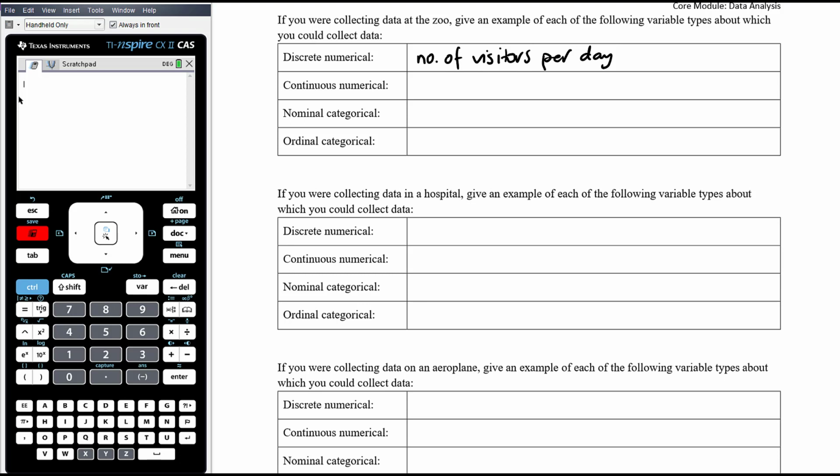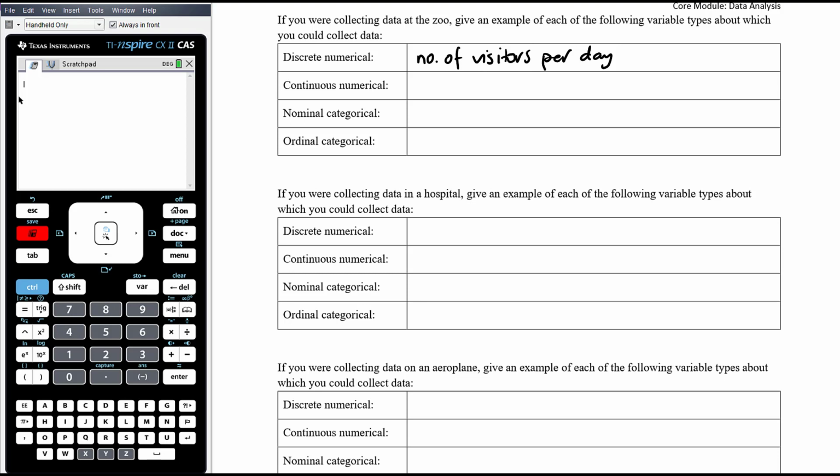But that's not something that you're going to collect data on, because that's not going to change. That's a fixed value. There's always 3, for example, elephants in the enclosure. Yeah, one might be being washed in a different enclosure, but you need to define that a bit more precisely. So, number of visitors per day.